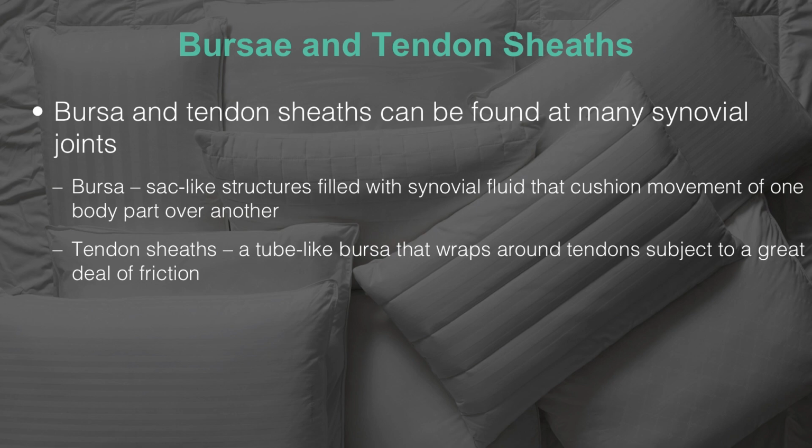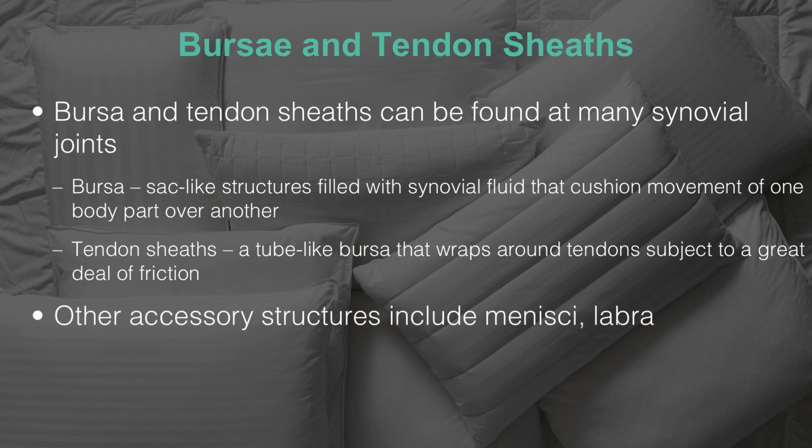These aren't the only accessory structures. There are a few more, and the two that I've just listed here that we're not going to get into depth on are not even an exhaustive list. Menisci, singular meniscus, or labra, singular labrum, all help to center bones within the joint.